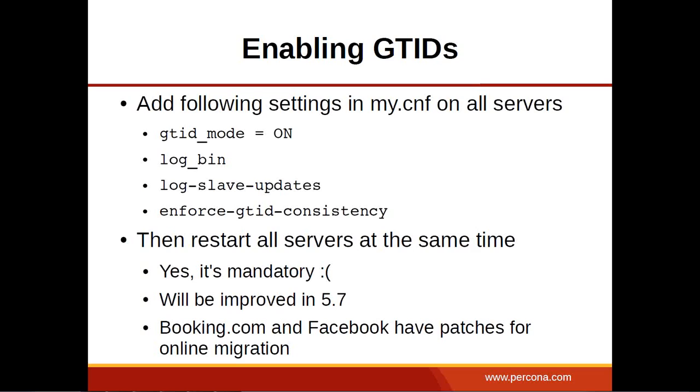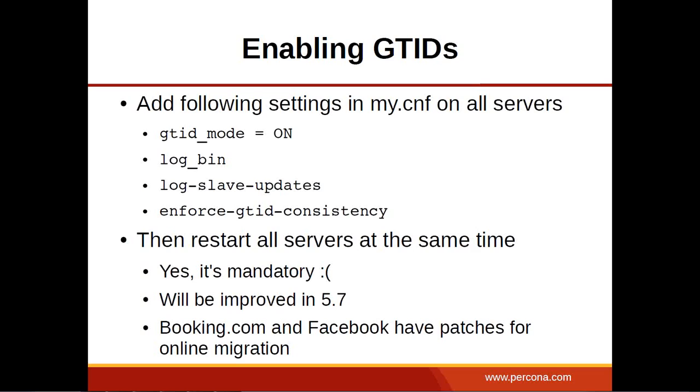In 5.7 it's going to be improved. 5.7 is far from being finished, so there may be a few surprises, good or bad. It will be improved, and for 5.6 Facebook and Booking have published patches to allow online migration.